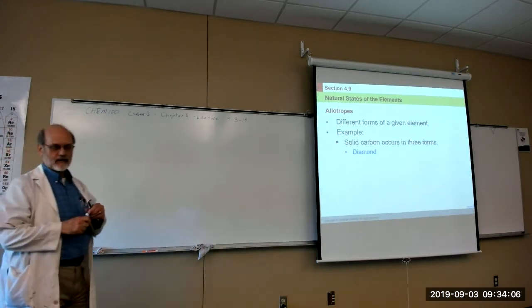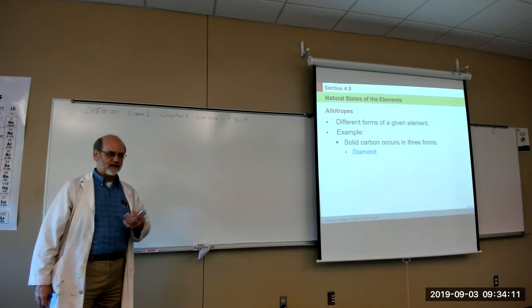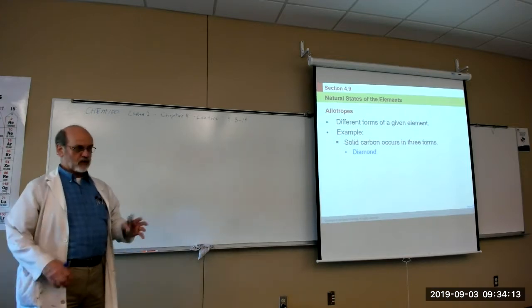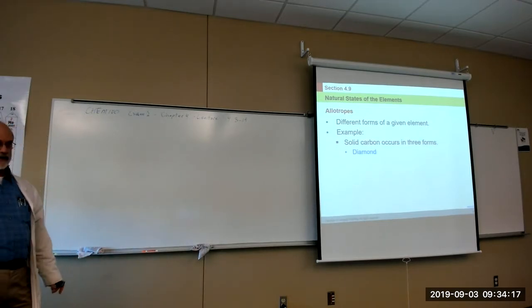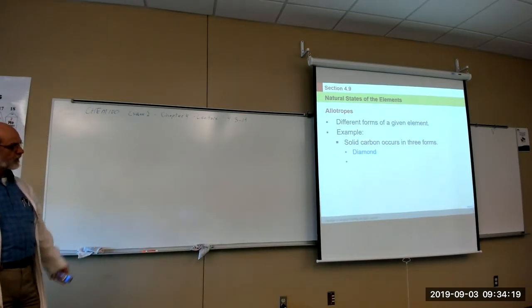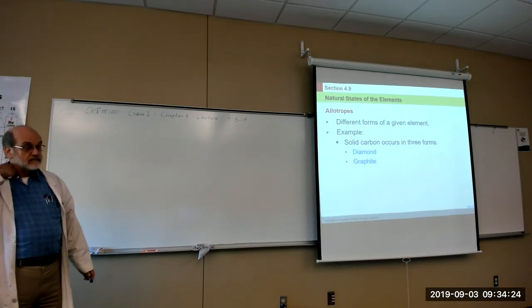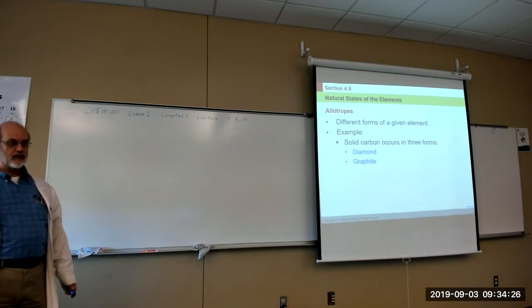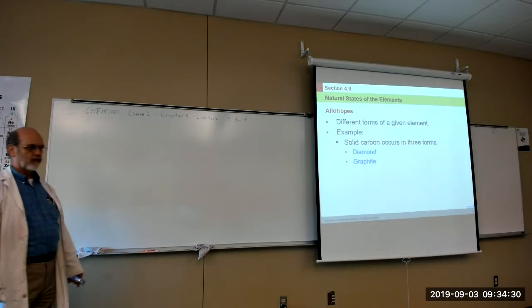If you have a blue diamond, it has inclusions of other elements that give it the blue color, but pure carbon is just colorless as a diamond. Graphite is another form of carbon. It's an allotrope, but still an element, just a different structural form.